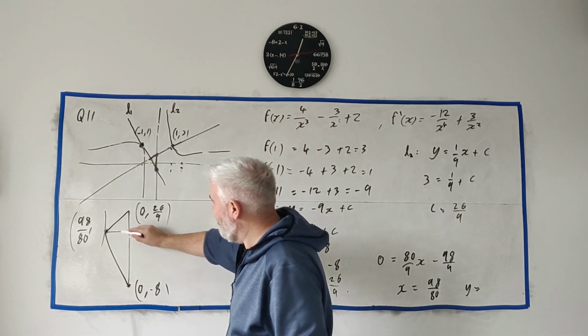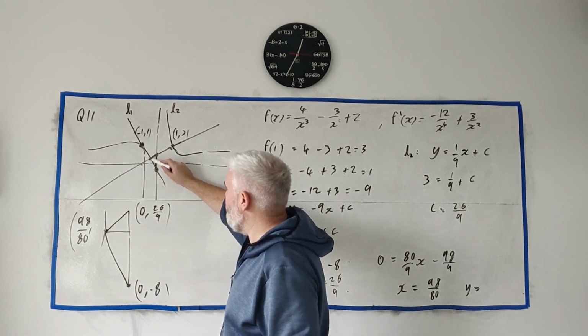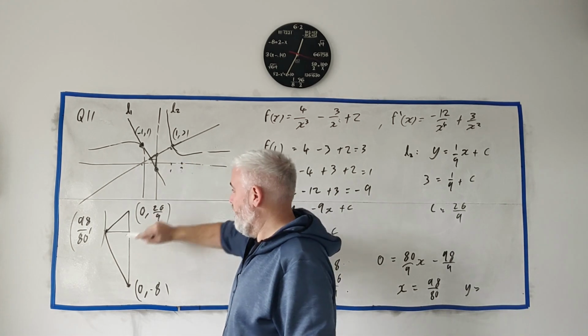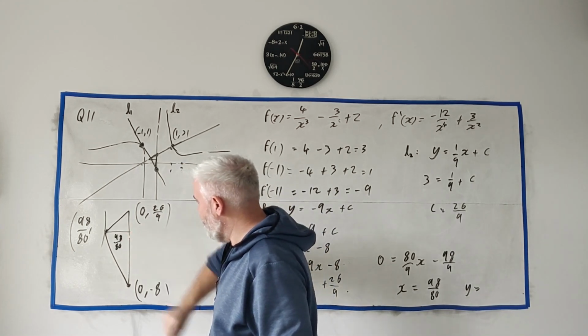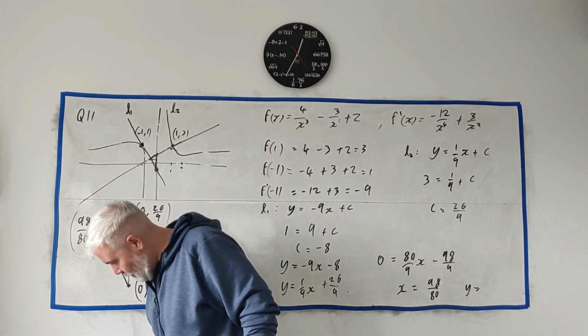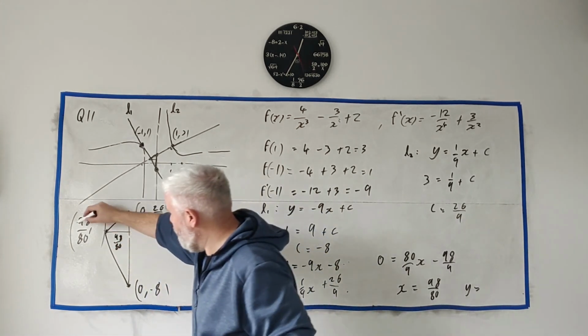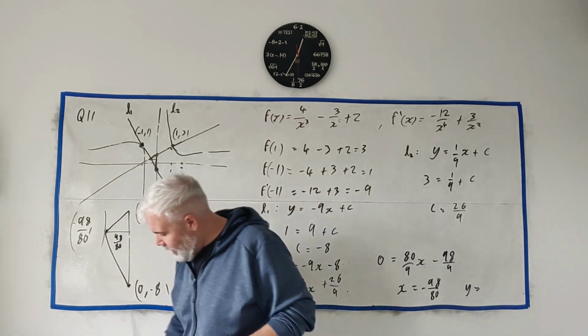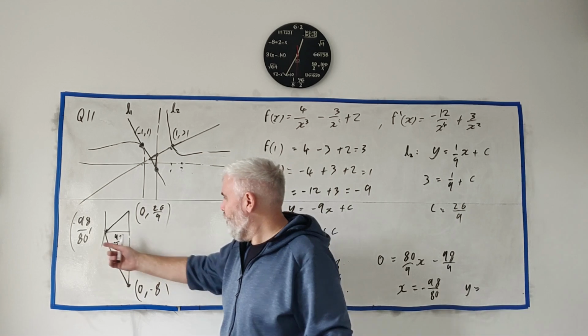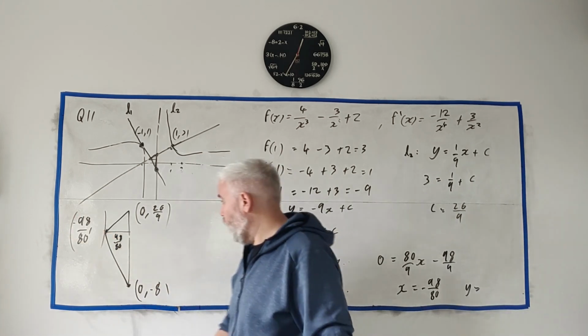It tells you the length of this, because remember, we're on the y-axis. So this length here is actually 98/80. Sorry, first of all it's minus 98, and it breaks down to just minus 49/41.